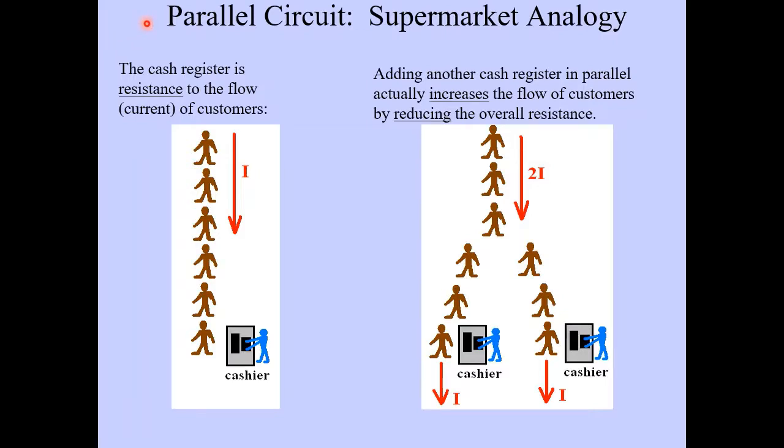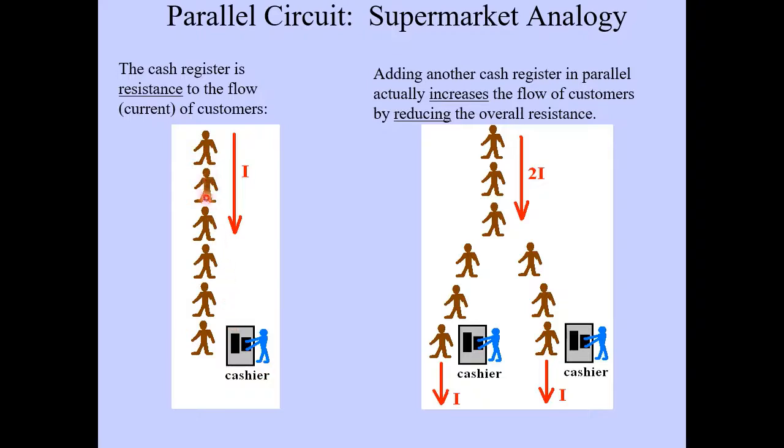A nice way to understand and visualize how parallel circuits work is the supermarket analogy. So imagine you go to the store, and let's say you go to Target, and there's a long line of people like this, all right? And the reason there's a long line of customers is because there's only one cashier working the register here.